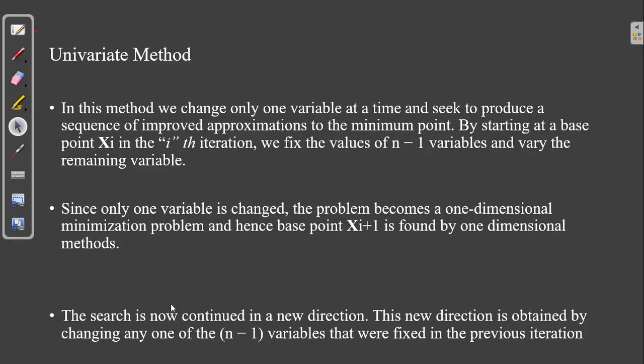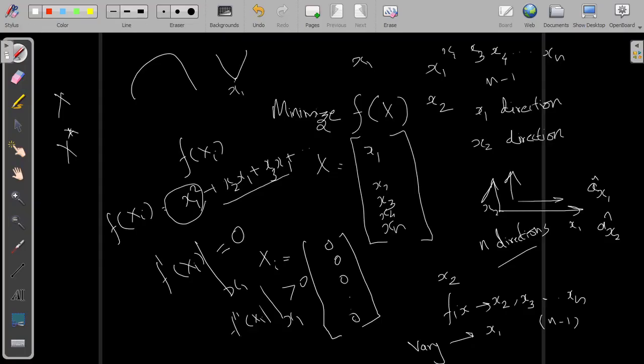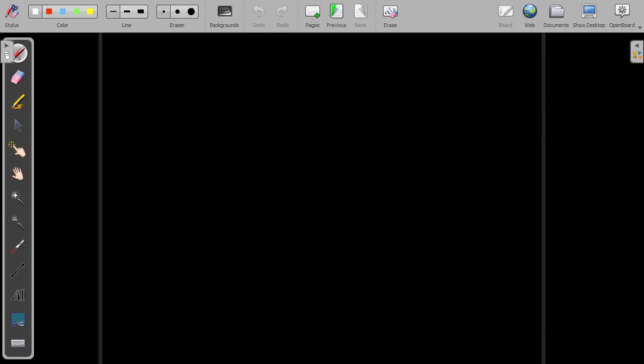So that is how the search is continued in a new direction. Actually, in the first iteration we are fixing x2, x3, etc. xn, and we are varying only x1. So what is happening physically?